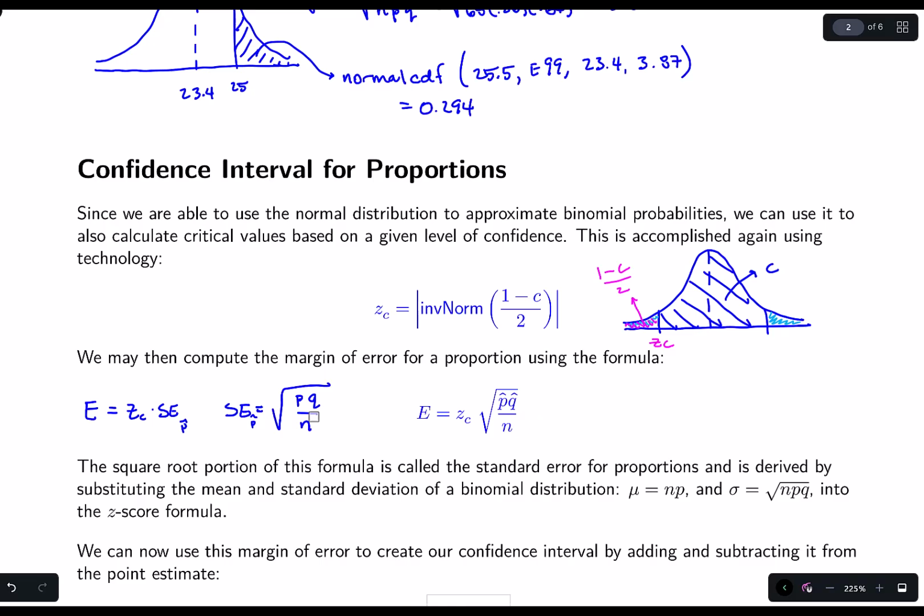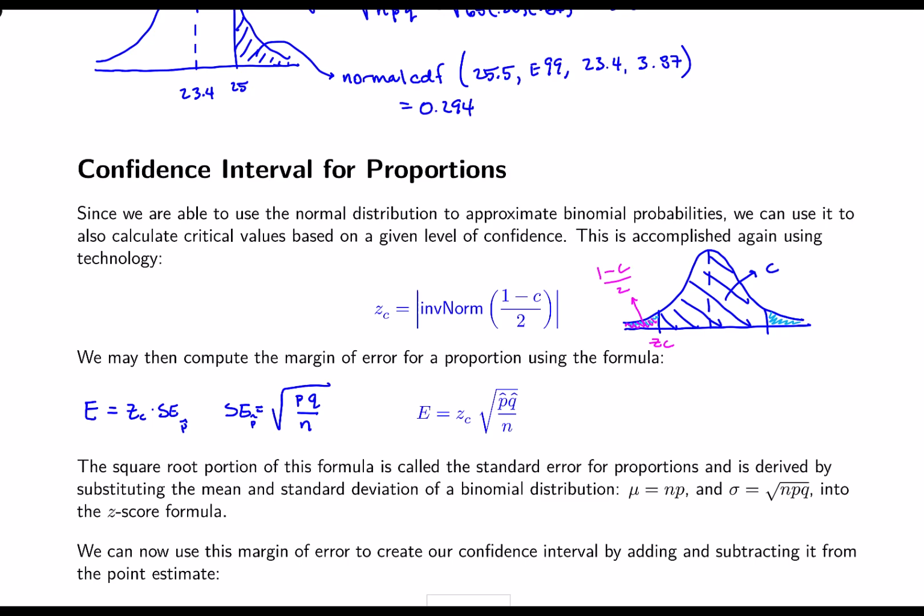Now, we're using p hat and q hat in this case only because p and q wouldn't exist. You see, we're trying to estimate the value of p, which is the population proportion. If we're trying to estimate it, we don't know the value.